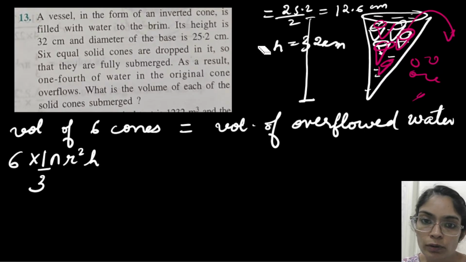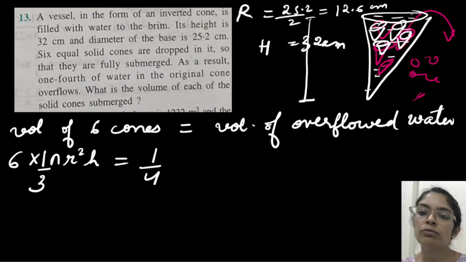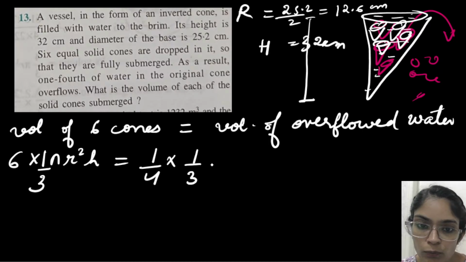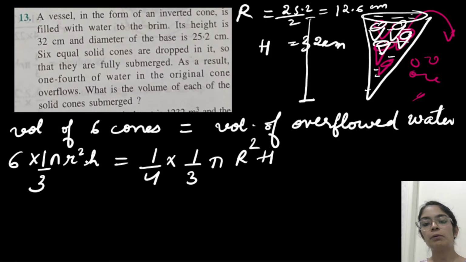For this bigger cone, I will use capital R and capital H. So this is equal to 1/4 into 1/3 pi R square H, because the volume of overflow is 1/4 of the original. So volume of the 6 cones equals volume of the overflowed water. I hope this is clear. Now we have to find this thing. Let it be in this form only. I will not write it in the formula form.